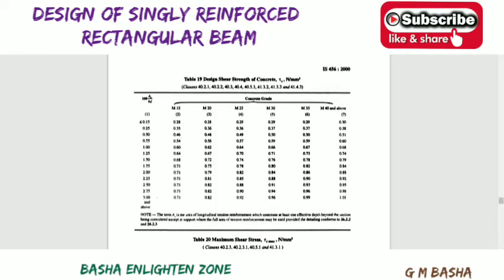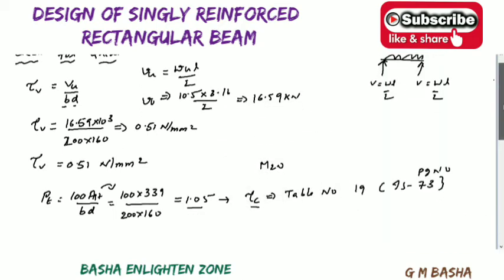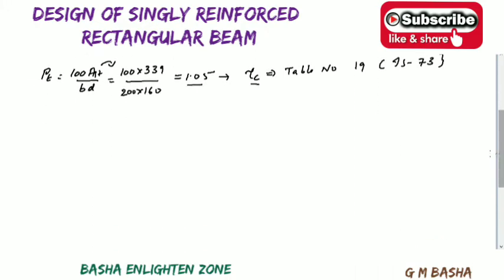See here, for 100 area of the steel, the value is 1.05. So it will be in the range of 1 to 1.25, and for M20 it will be in the range of 0.6 to 0.67. Please take down the values as it is. So the PT value for M20 grade concrete lies between 1 and 1.25, and we want 1.05.